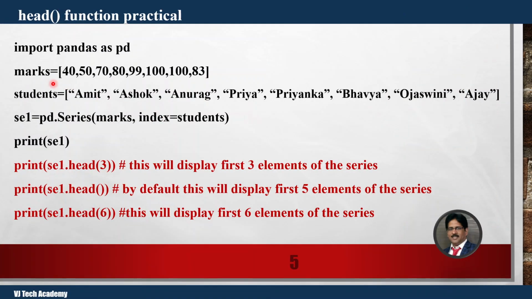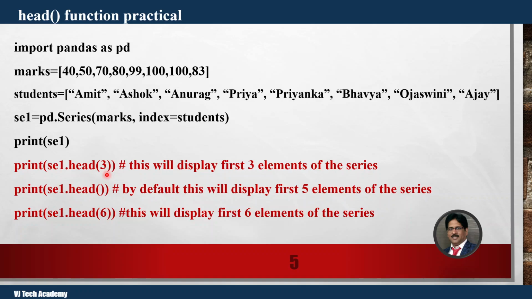Consider the given program. The first few lines are only for creating the series. Here the marks are stored for the 8 students in the marks list. Here the names of 8 students are stored in the students list. And then I create a series for marks and index is the student name. If I write print sc1.head, in the bracket I have mentioned 3.